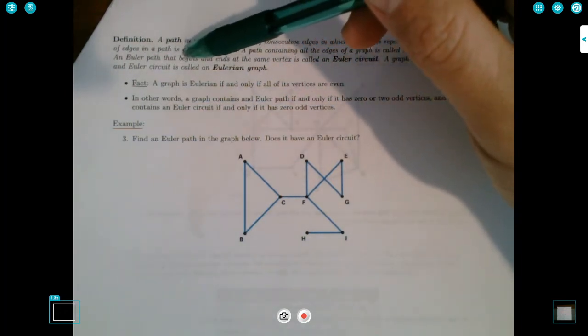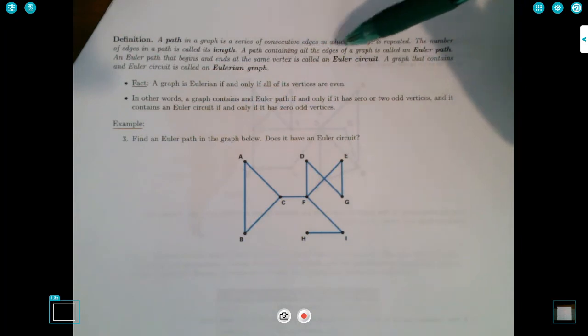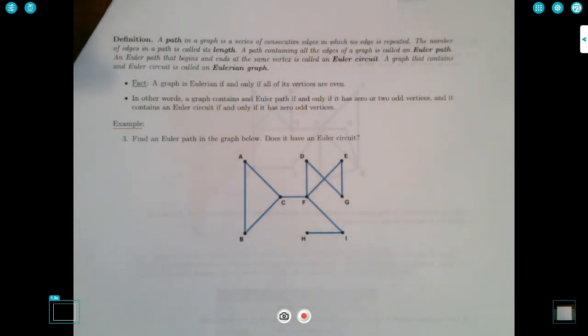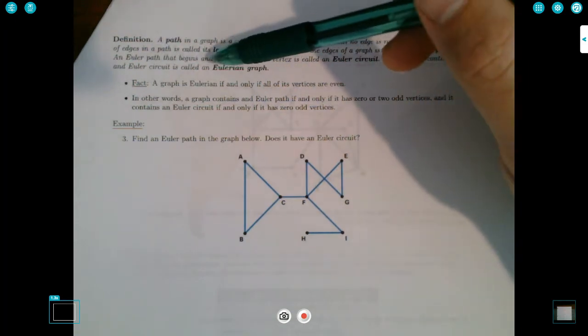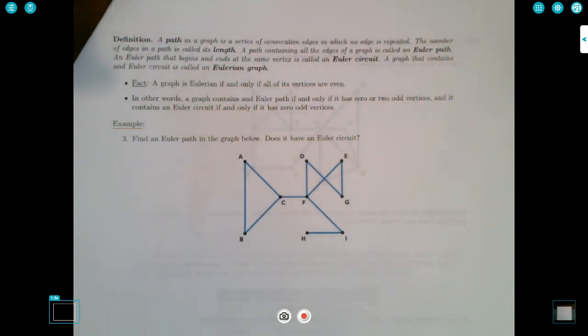An Euler path that begins and ends at the same vertex is called an Euler circuit. A graph that contains an Euler circuit is called an Eulerian graph. So a bunch of terms there, but the big ones are Euler path and Euler circuit. An Euler path covers all of the edges exactly once.